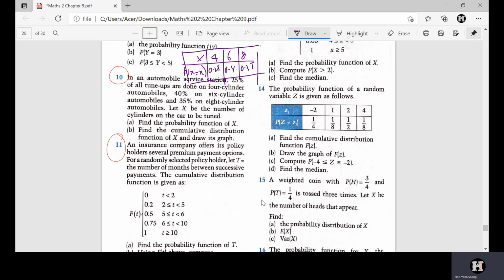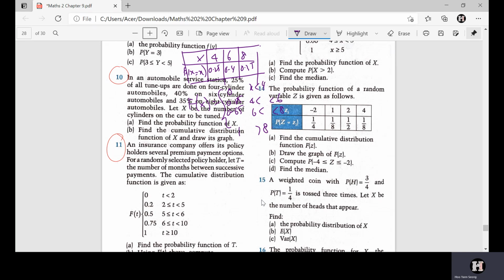So this one is the probability function. And for the cumulative, we have F(x). Start from 0 for x less than 4, then x between 4 and 6 is 0.25, then between 6 and 8 is 0.65, and then 1 for x greater than or equal to 8.